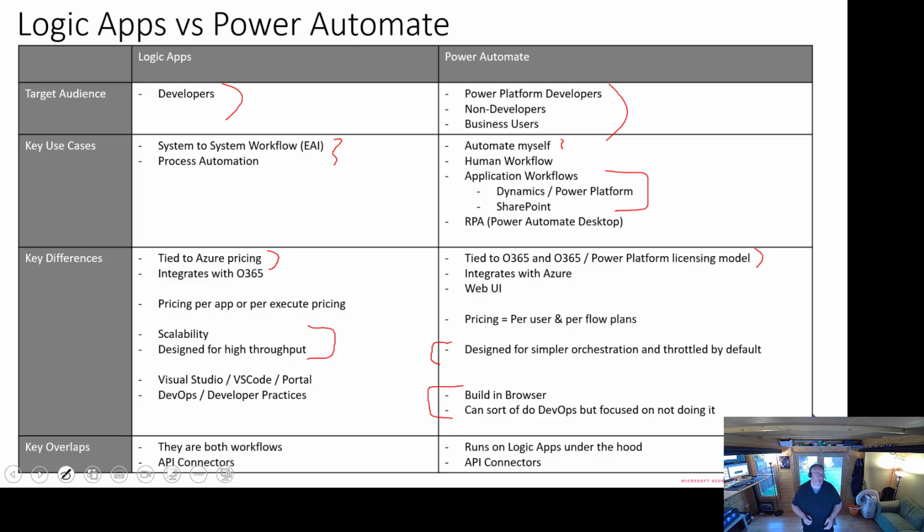And maybe one bit I haven't got on the slide here, one of the biggest key differences not mentioned is also the networking. Currently Power Automate's SaaS workflows in the Office 365 environments, there's no network connectivity. You could argue you can use the data gateway, the Power BI data gateway, which you can leverage from Logic Apps as well.